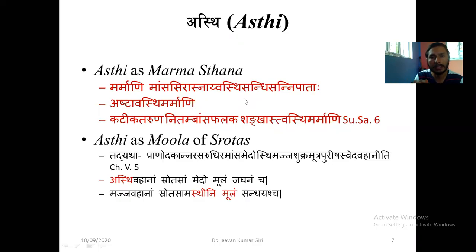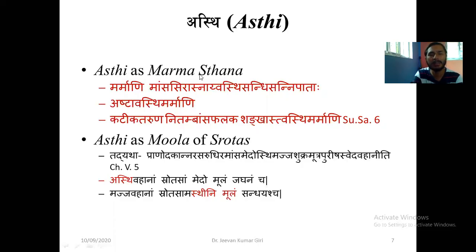So Marma Sthana are the vital points or vital areas of the body. If any injury or damage occurs there, the person may die quickly, or after some time, or feel severe pain, or become disabled.